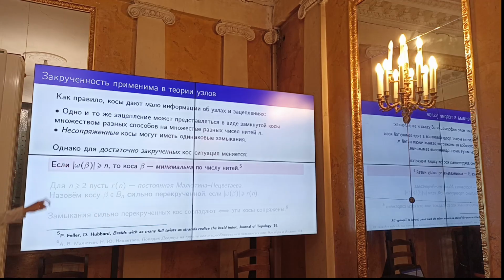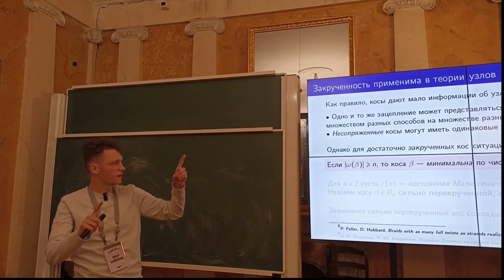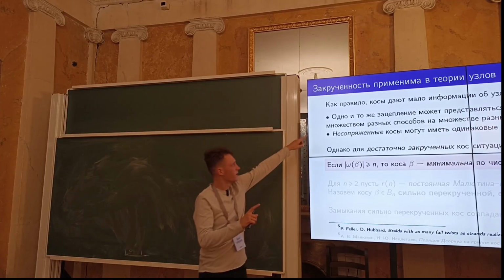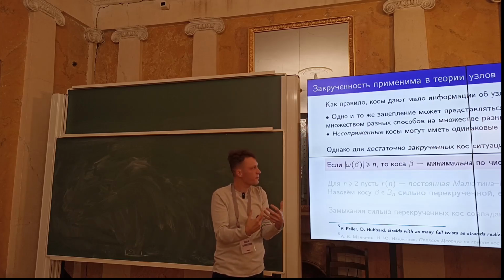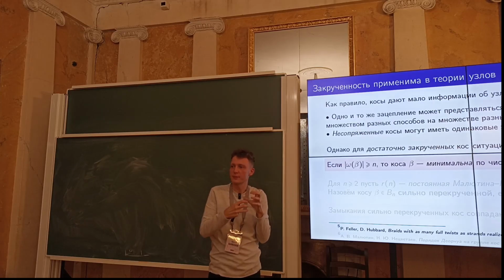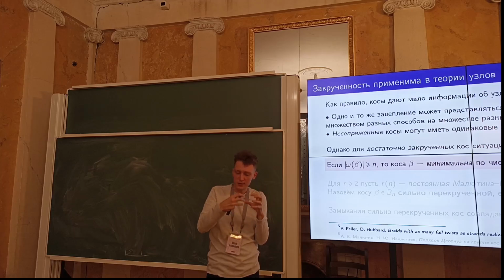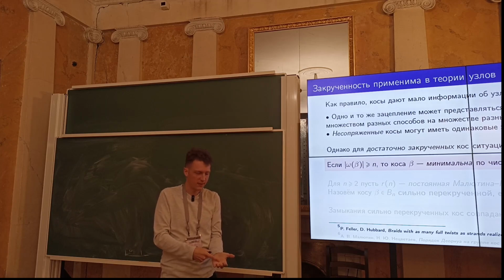Namely, if the twist number is at least the number of strands, then first of all, the closure of this braid cannot be presented as a closed braid with a fewer number of strands.